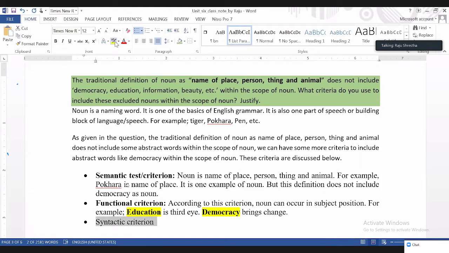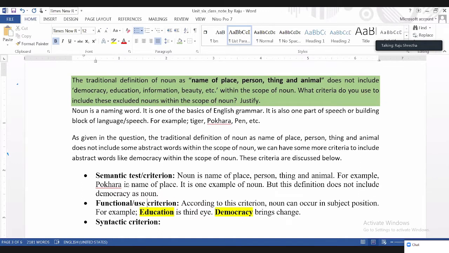From these three perspectives we can say these are nouns, these are verbs, these are adjectives, adverbs. So from the functional or use criterion we can say education, democracy, law, beauty, these are nouns we can use in the subject position.